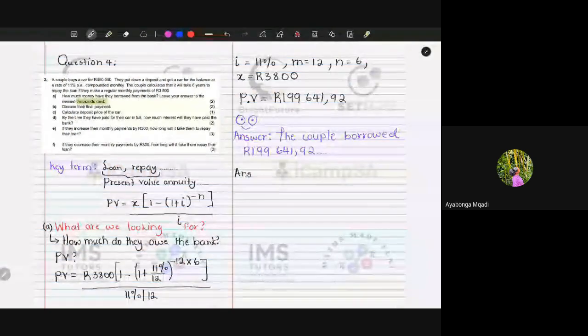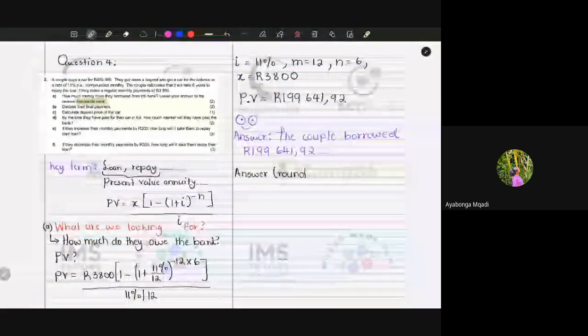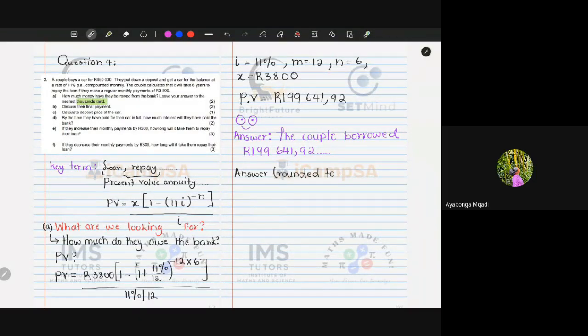So the more correct answer, which is rounded to the nearest 1,000, what is it going to be, guys? When we round this answer to the nearest 1,000, what do we get?